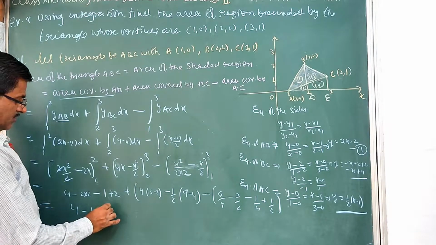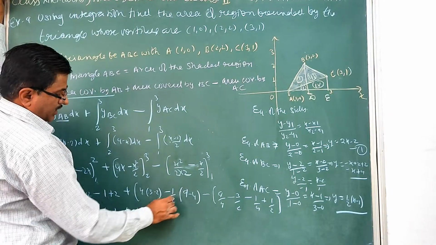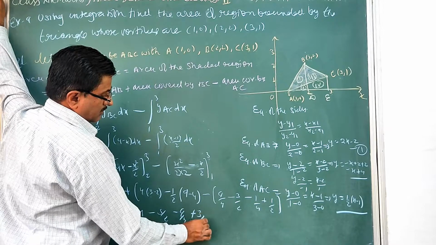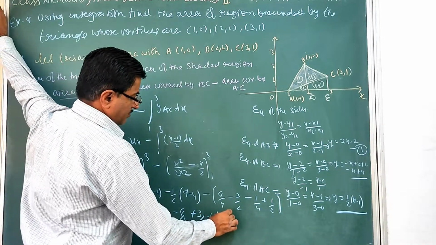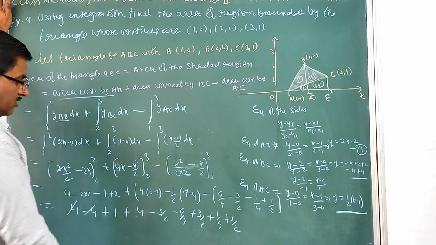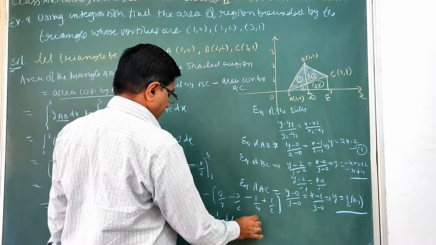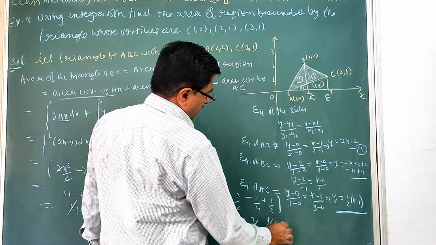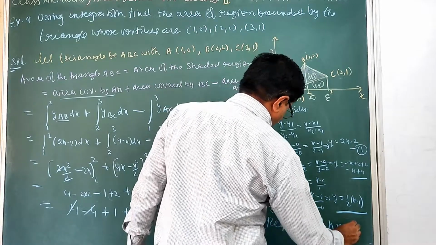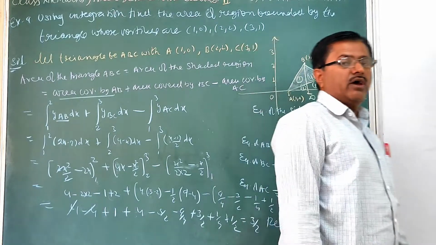Minus 4 plus 1, 3 minus 1 into 4, that is 4, 9, that is 5 by 2 minus 9 by 4 plus 3 by 2 plus 1 by 4, then plus 1 by 2. So you can solve all these and add, the answer will be 3 by 2. So you can say the required area of triangle ABC is 3 by 2 square meter.